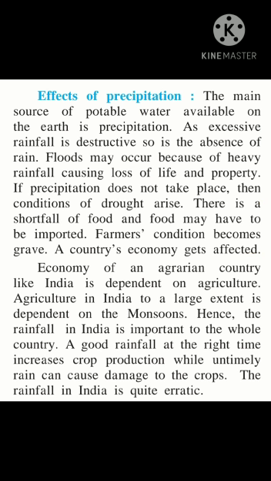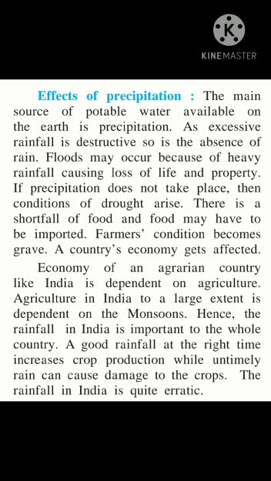Now students will try to understand the effect of precipitation. It is an important source of potable water across the globe. Excess precipitation may lead to floods causing loss of life and property. Less precipitation leads to another problem, that of drought.